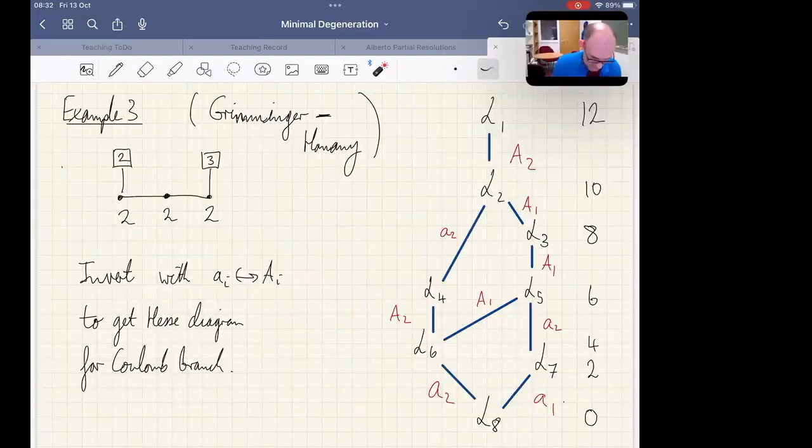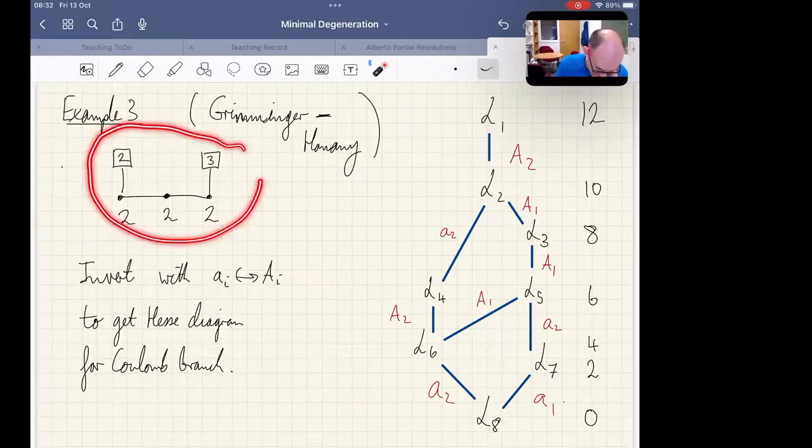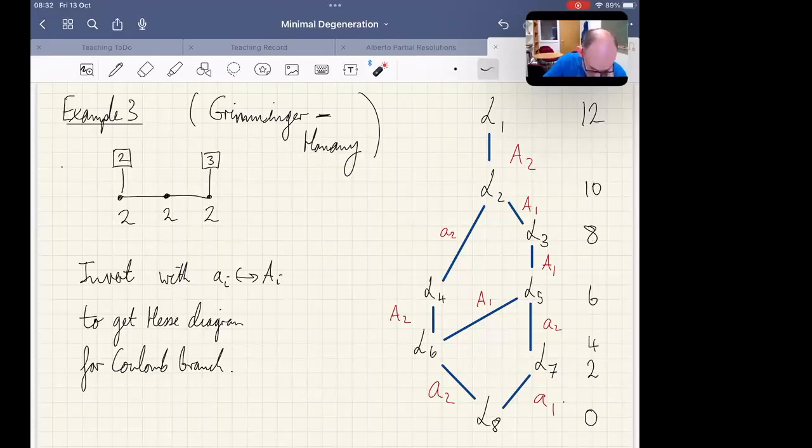So this is another example which I stole from the physics literature. It comes from a paper by Gruminger and Hanani. They look at this framed quiver with this dimension vector, and they write down both the Hesse diagram for the Coulomb branch and for the Higgs branch.